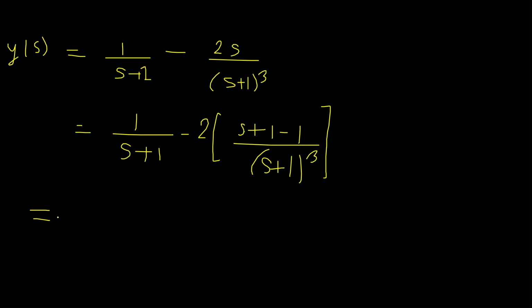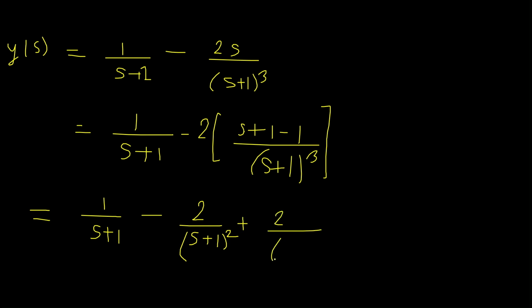Now we can write it as 1 upon s plus 1 minus 2 divided by s plus 1 whole square plus 2 divided by s plus 1 whole cube.